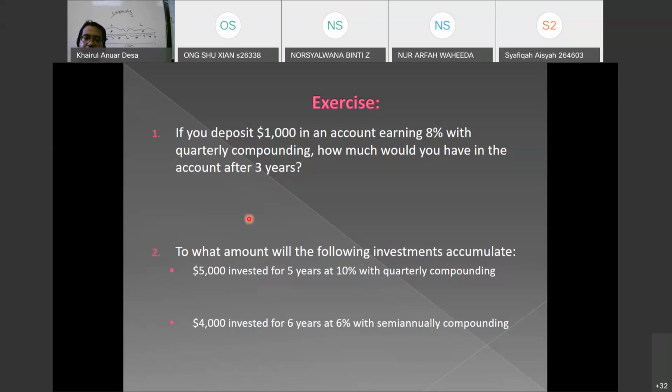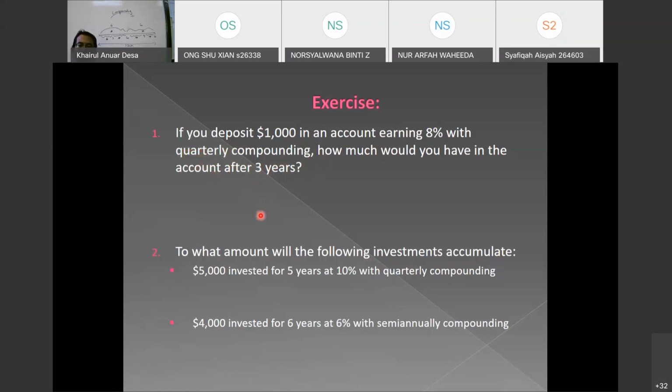If you deposit 1,000 in an account earning 8%, quarterly compounding. Nampak sini? Quarterly compounding. Bermaksud ini adalah future value question with quarterly compounding. So quarterly kita kena bagi dengan berapa kali dalam setahun. Yes, there are 4 times in a year.